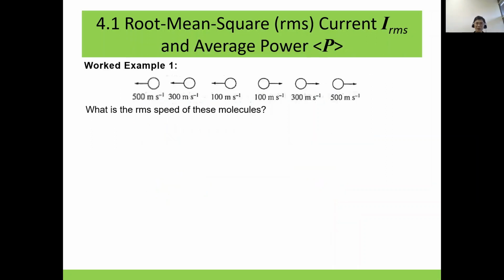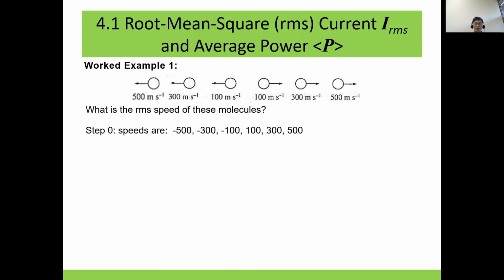Okay, so let's look at an example. The first experience that you actually have with root mean square is the root mean square velocity. What I'm teaching you here technically is not new because you have learned about it in thermodynamics, or in temperature. So what is the root mean square speed of these molecules?